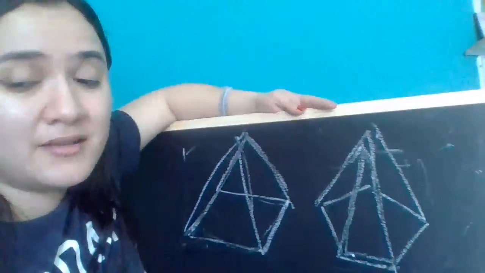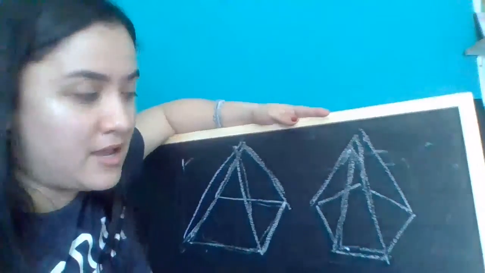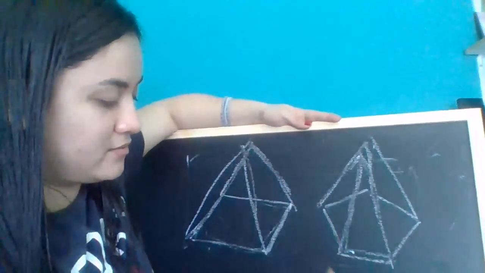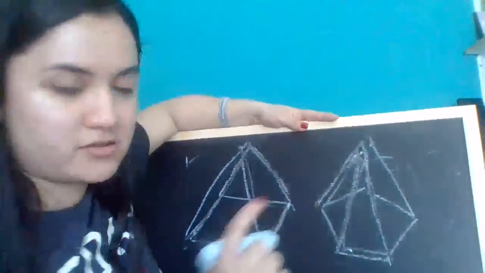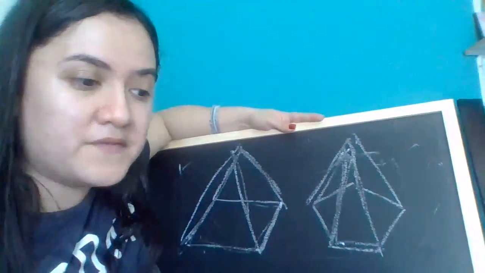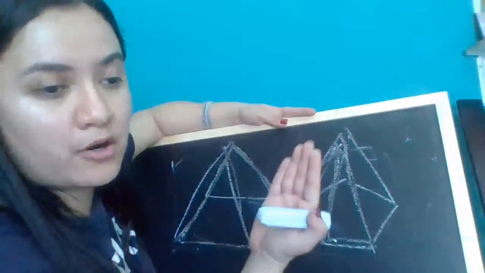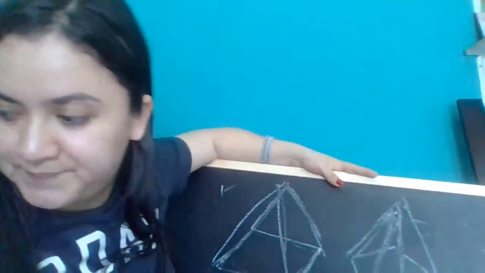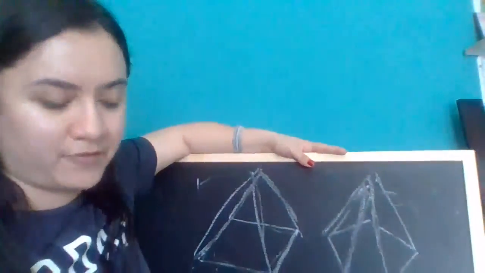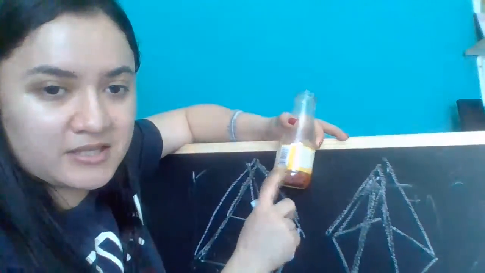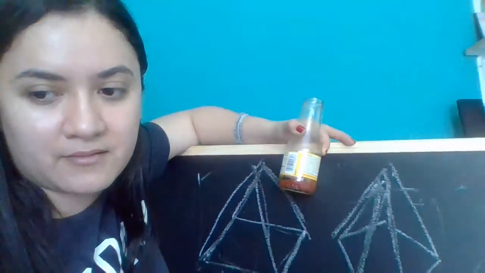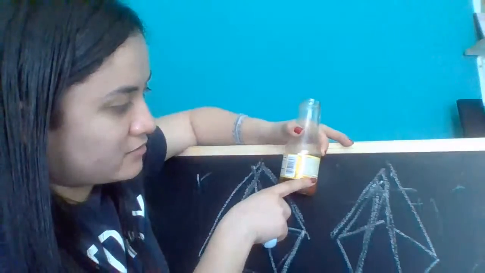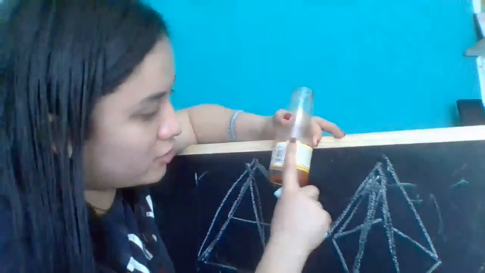Now, not all of the figures have flat faces divided by lines. Some of the solid figures have curved faces. For example, if we grab a can, I'm going to use this little thing. If you see, this is a solid figure, right? But the faces don't have edges. It's curved.